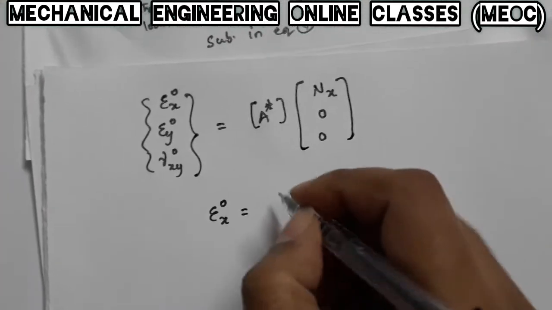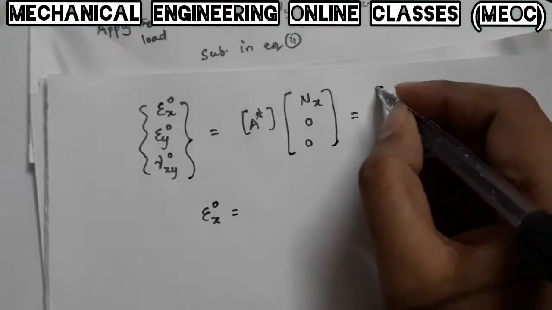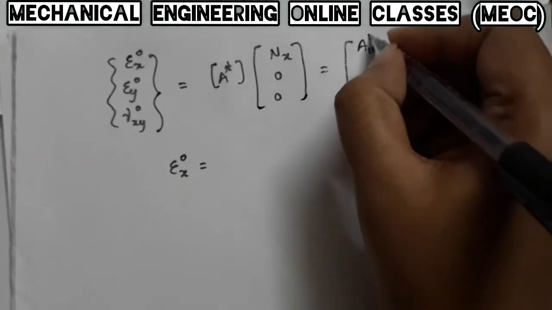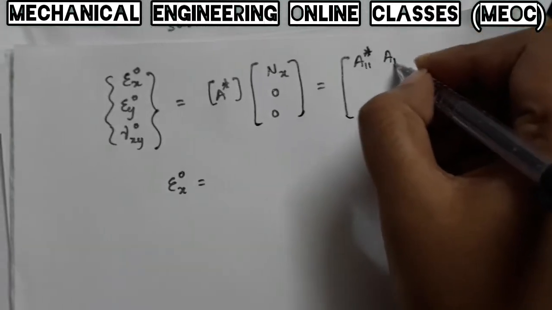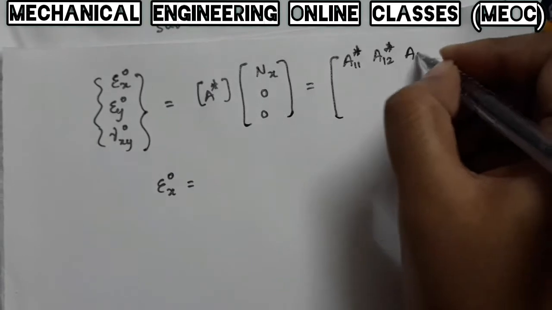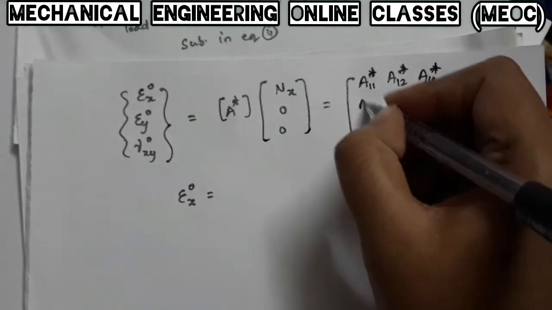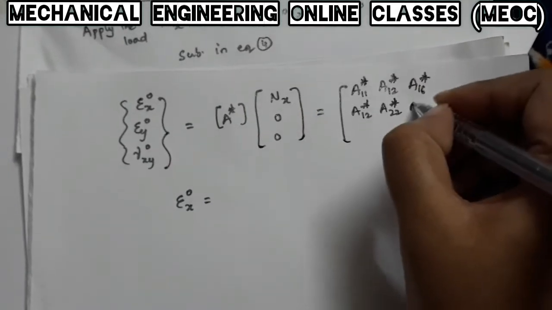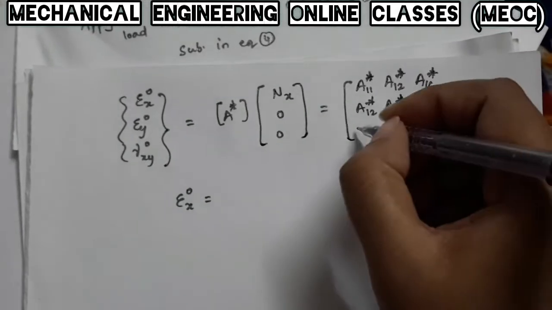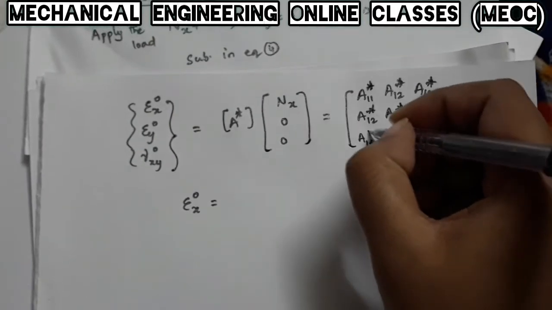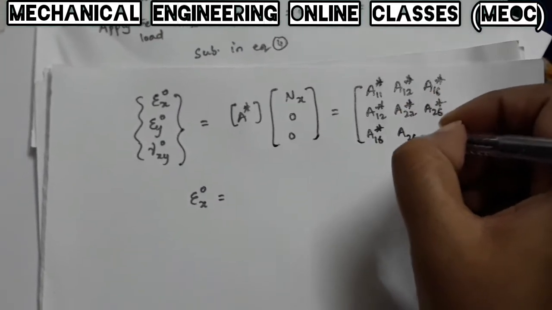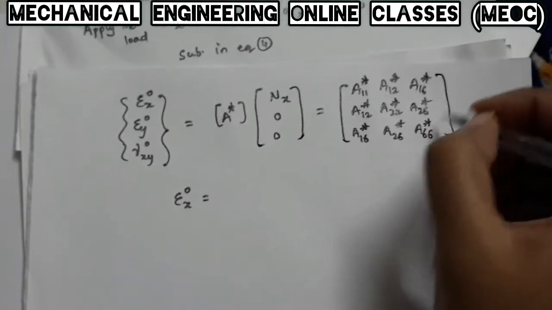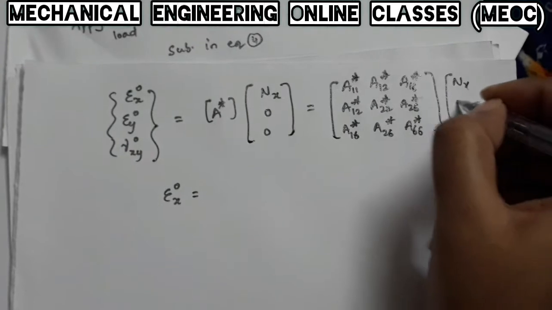If I expand this A star matrix, A11 star, A12 star, A16 star, A12 star, A22 star, A26 star, A16 star, A26 star, A66 star into nx 0 0.